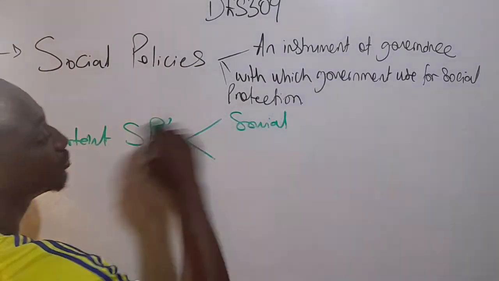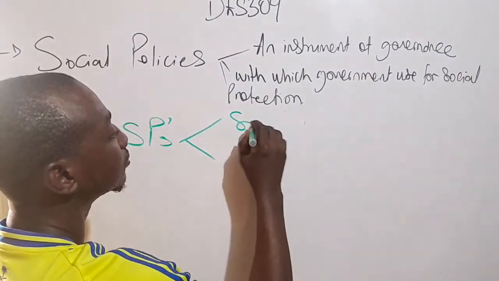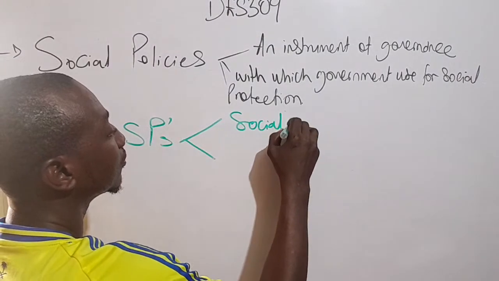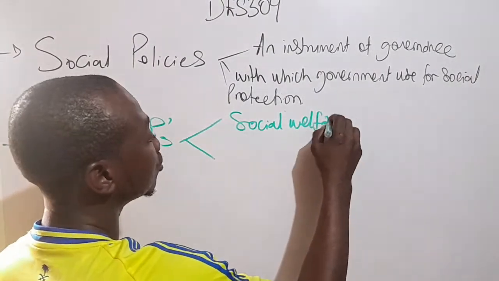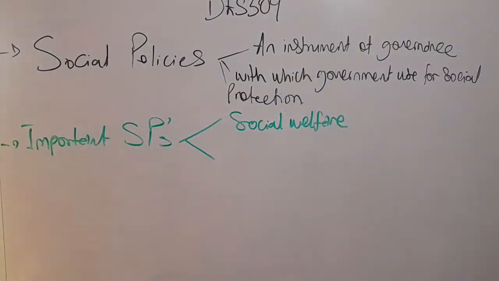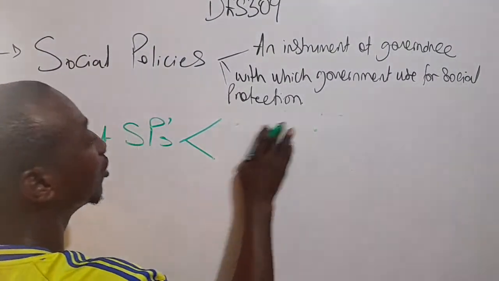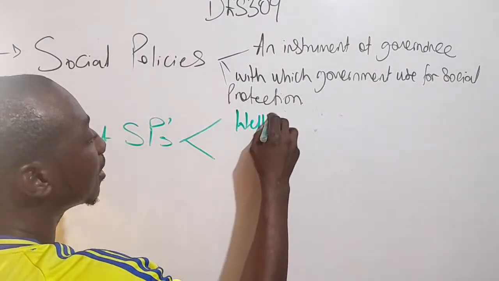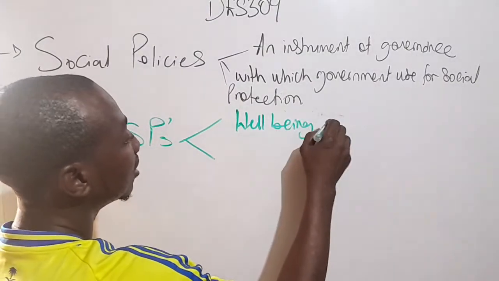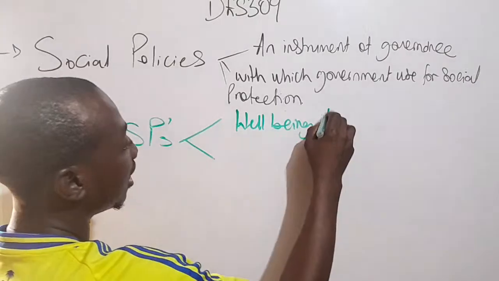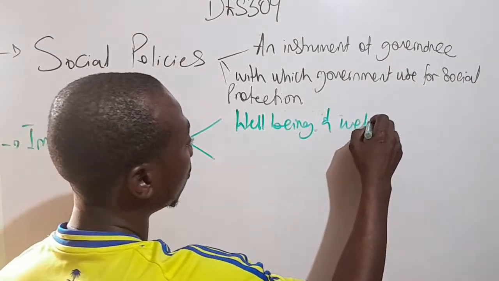We have social welfare. Okay, we have well-being, poverty reduction, standard of living. Okay, let's put it as well-being. All right, and welfare.